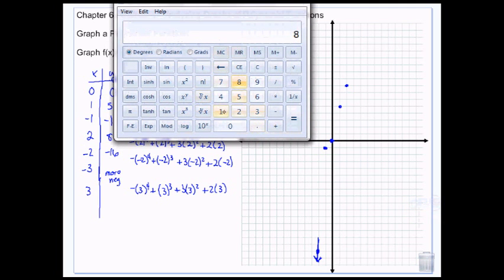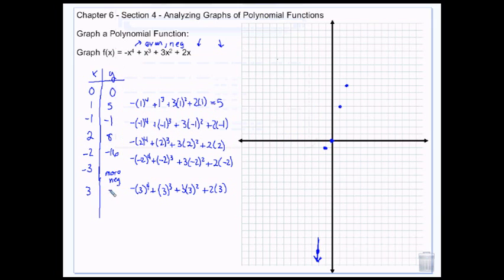So that would be negative 54 plus 27 plus 6, so negative 21. So positive 3 is going to give me negative 21, which is way down here somewhere.